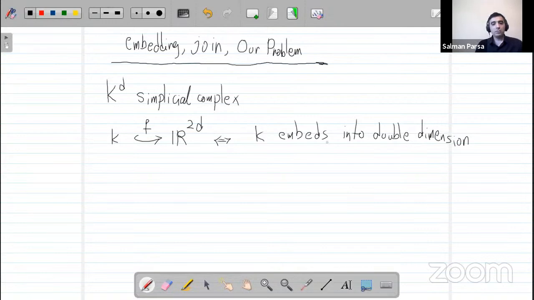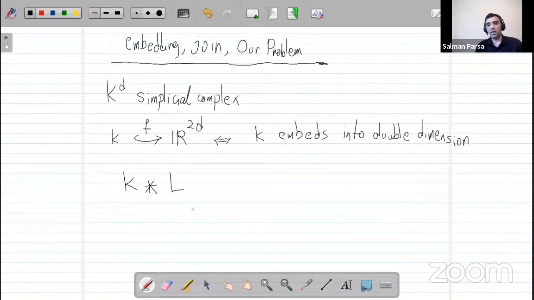Okay, so the question that I want to answer partly is: if we are given two complexes K and L, what can we say about the embeddability of the join of those two complexes into double dimension, based on the embeddability of the factors or based on other properties of the factors?